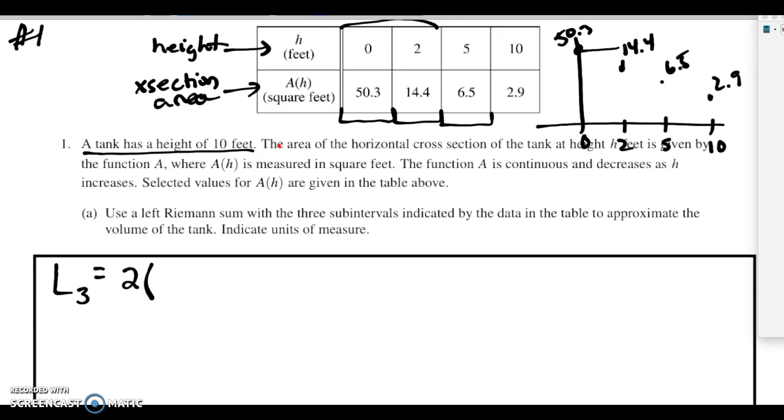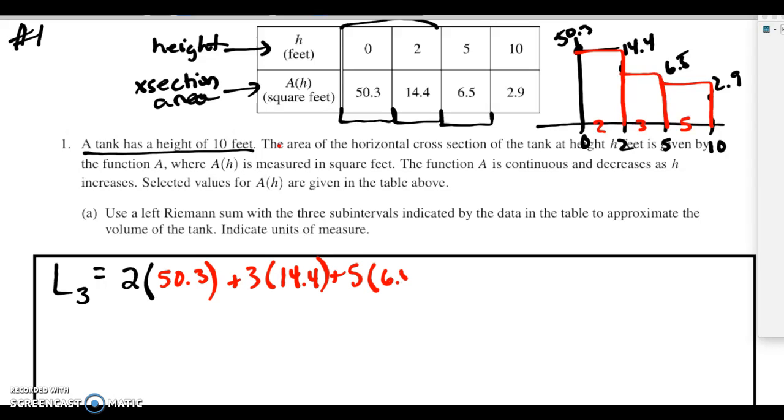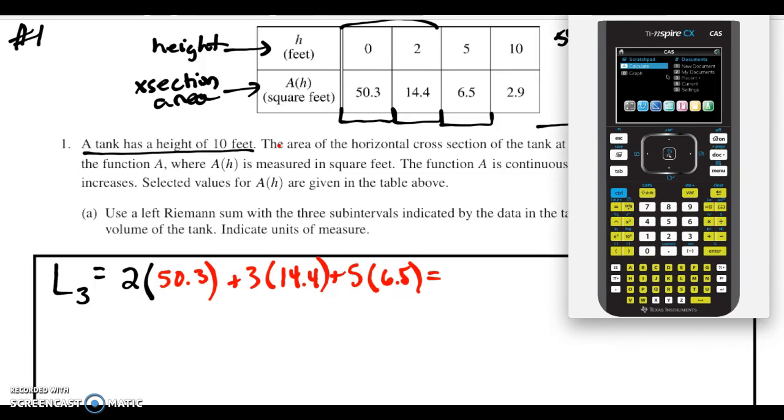You'll see the first rectangle is here, second rectangle is that height, third rectangle is that height, and the last one doesn't make one. And the widths of each one are 2, 3, and 5. So L3 is going to be 2 times 50.3 plus 3 times 14.4 plus 5 times 6.5. We would write that all out, but they want this on a calculator.